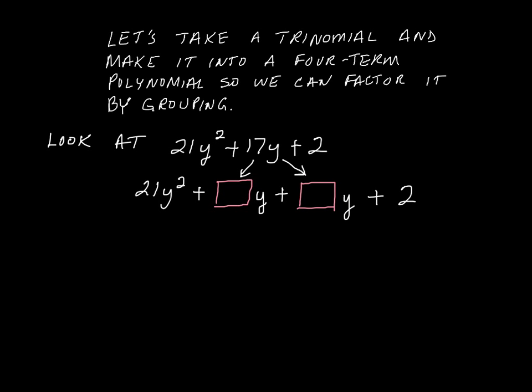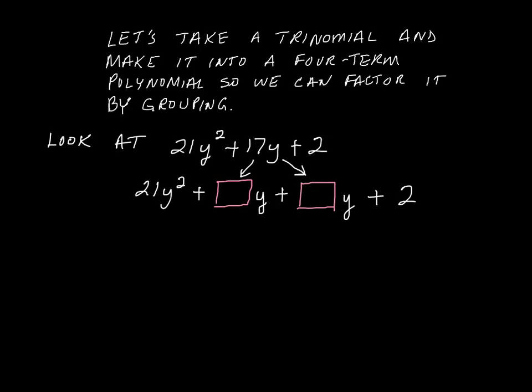Now, let's take a trinomial and make it into a 4-term polynomial so that we can factor it by grouping. Remember, if you have a 4-term polynomial, it's easy to factor it because all you have to do is group it. But many times you're going to be given a trinomial, which is a 3-term polynomial.